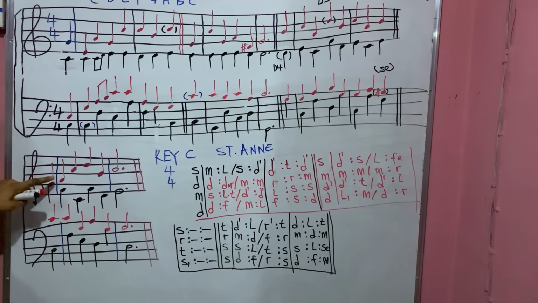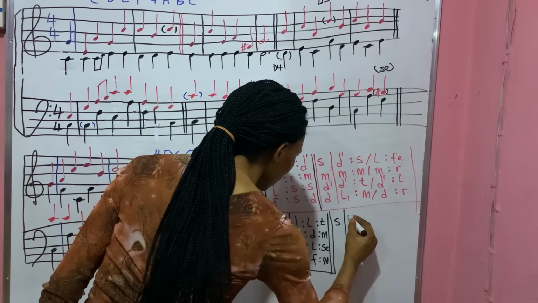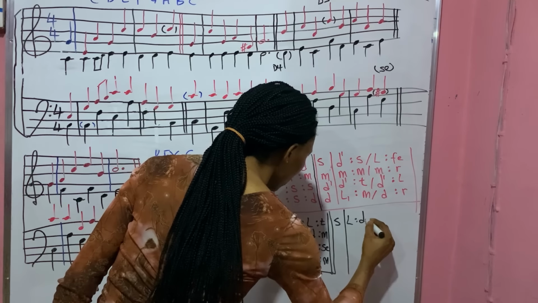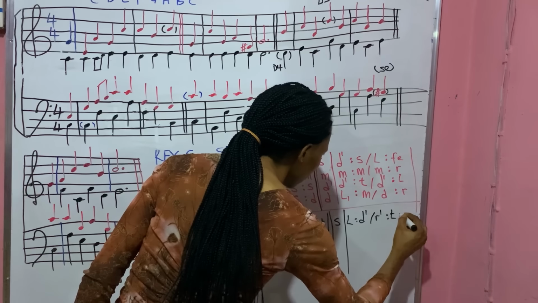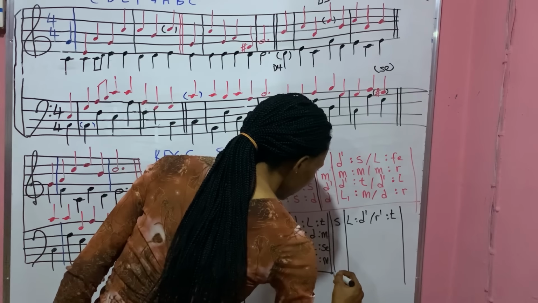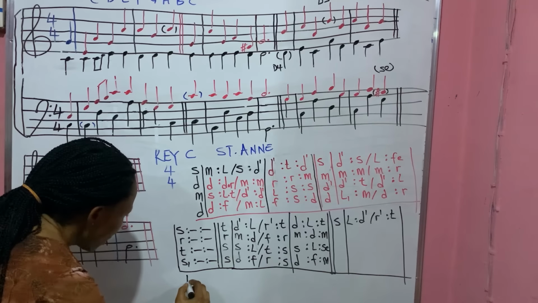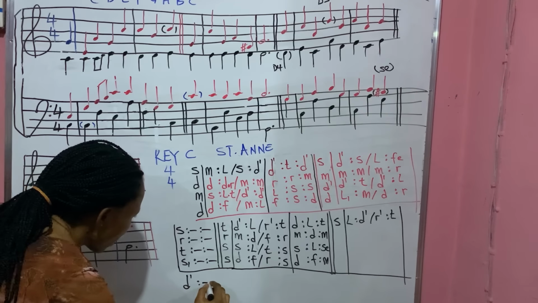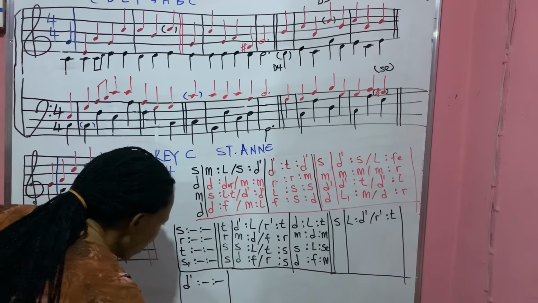This is Sol La Do Re Ti Do. So we have Sol La, octave Do, Re, then Ti, Do is octave with 3 beats, 2 drawing beats, and 1 note.